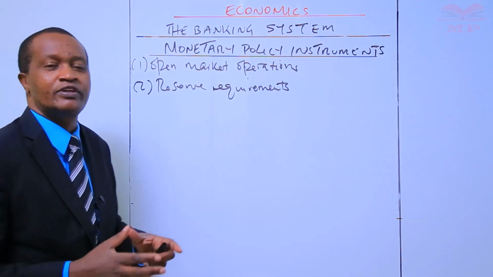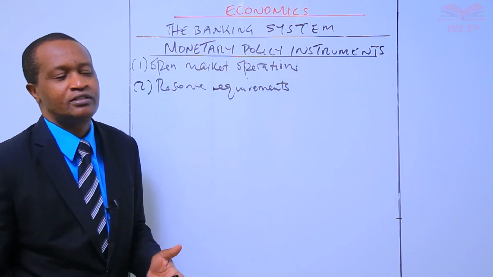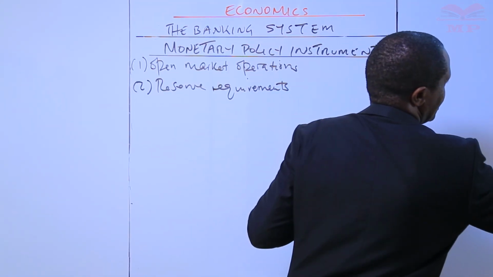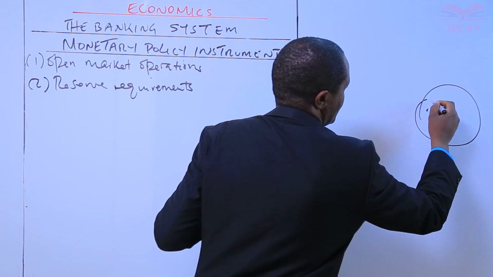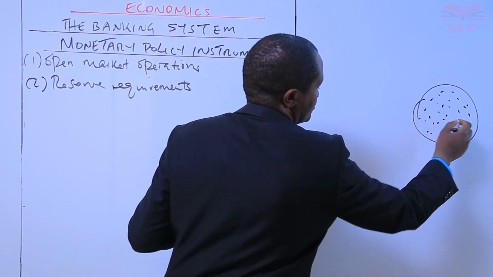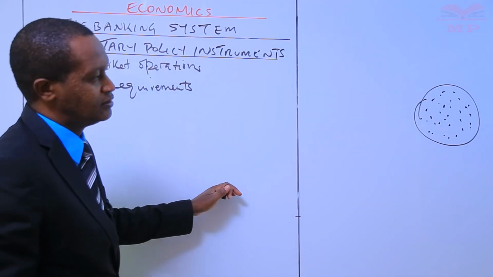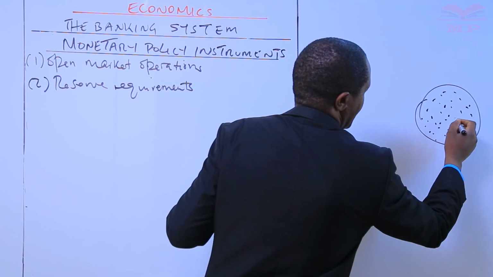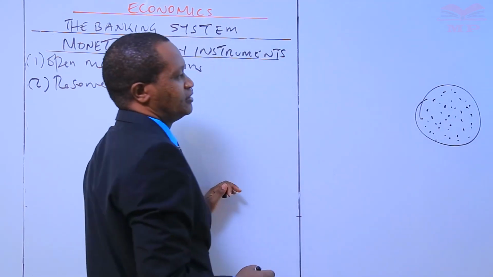Do you understand? It's a very straightforward concept. There is a lot of money in circulation in the economy, or money that is being held by the commercial banks.